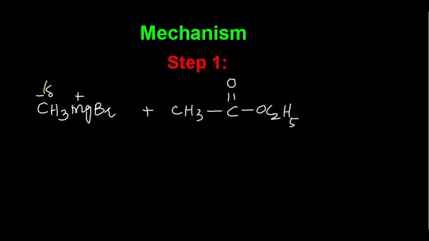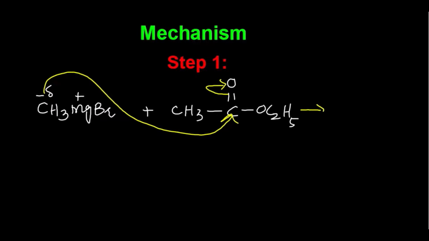Now what will happen in this step, students? In this step, this carbon of the Grignard reagent, with the help of this negative charge, will attack on the carbonyl carbon of the ester molecule. And the pi electron density goes to oxygen.